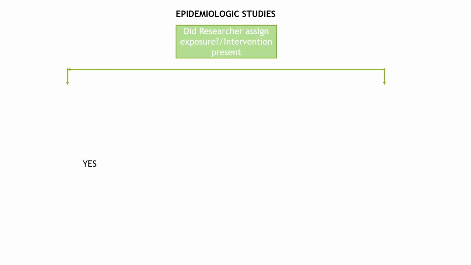Now, before we go into the questions again, let us have a very clear understanding of the epidemiologic studies. How to classify them? The question first to be asked is, did the researcher assign exposure? Was any intervention present? If the answer is yes, then it is definitely an experimental study.